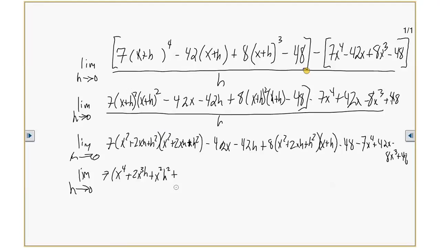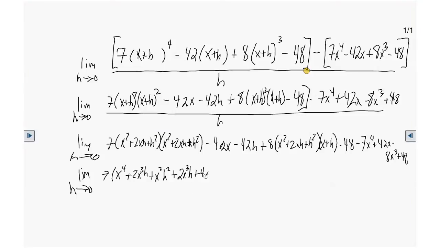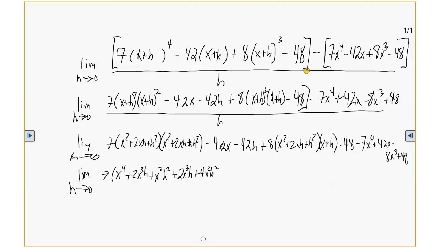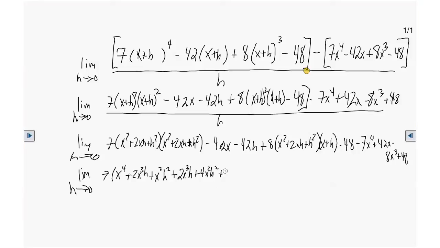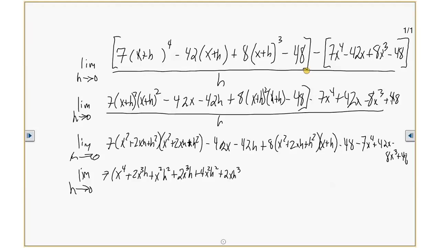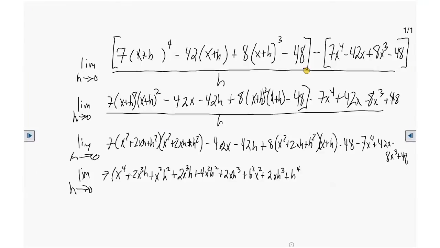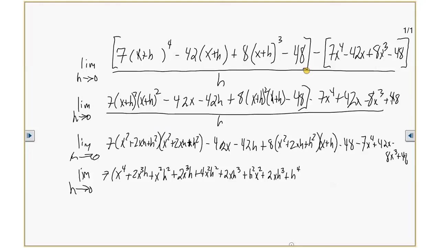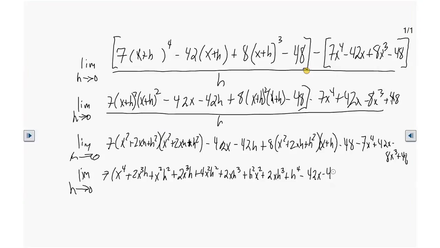So that's going to be 2x cubed h, right, plus 4x squared h squared plus 2xh cubed plus h squared x squared plus 2xh cubed plus h to the 4th, minus 42x, that's supposed to be 42x, yeah, minus 42h.